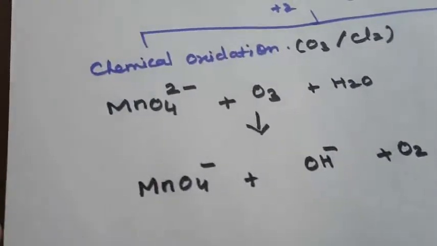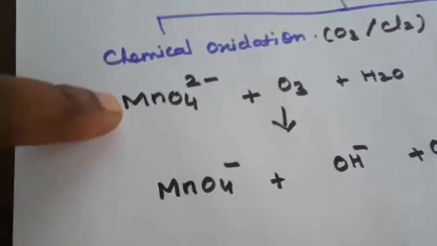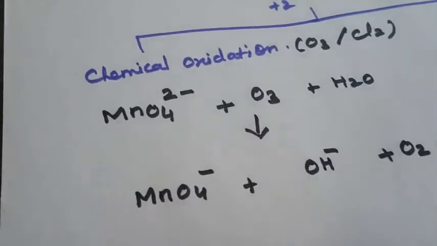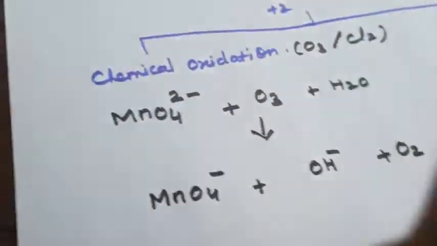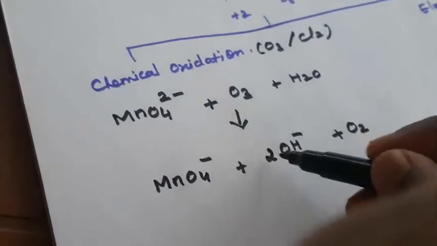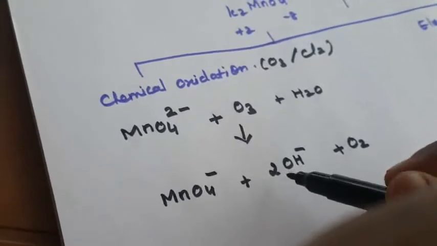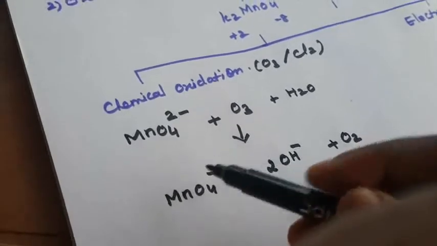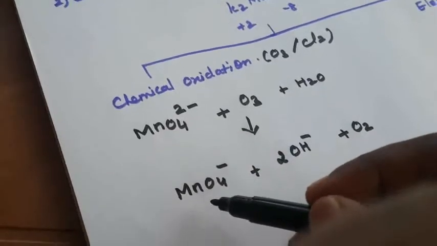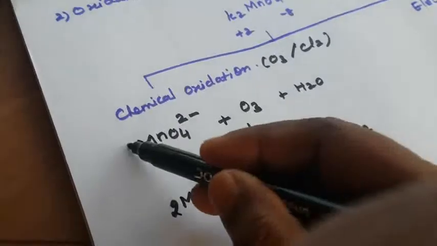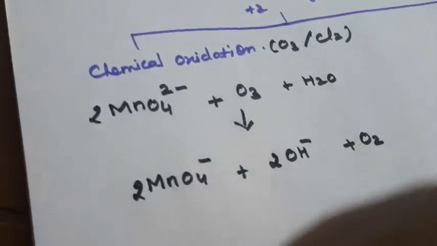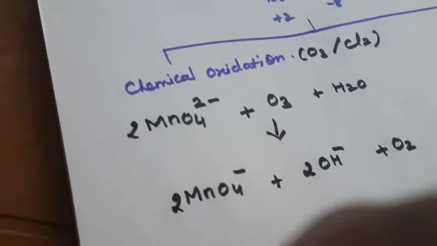Here we have MnO4 2 minus, two charges, and hydrogen.